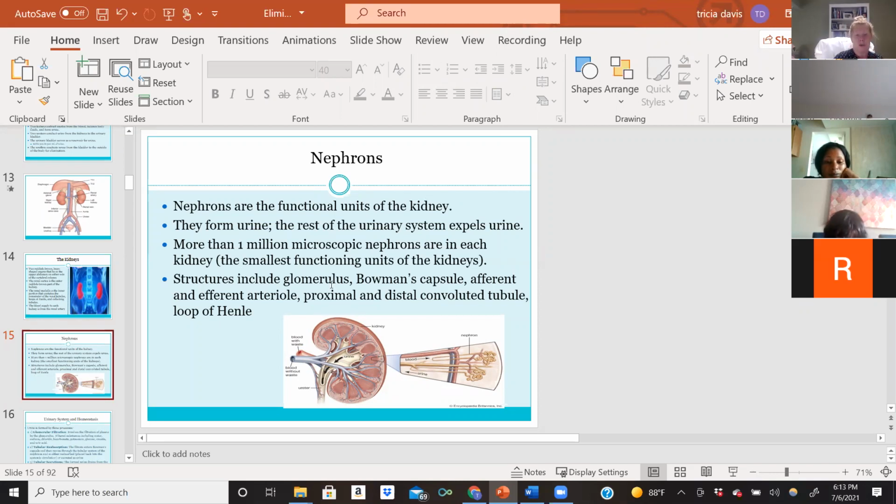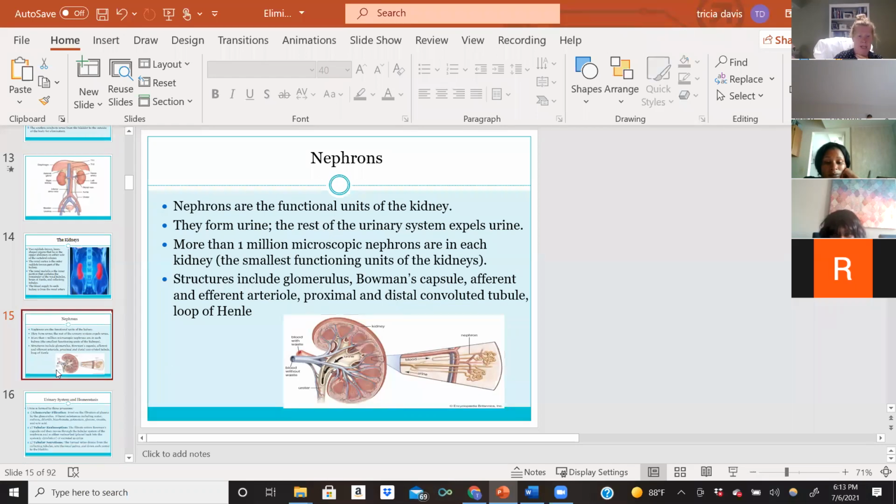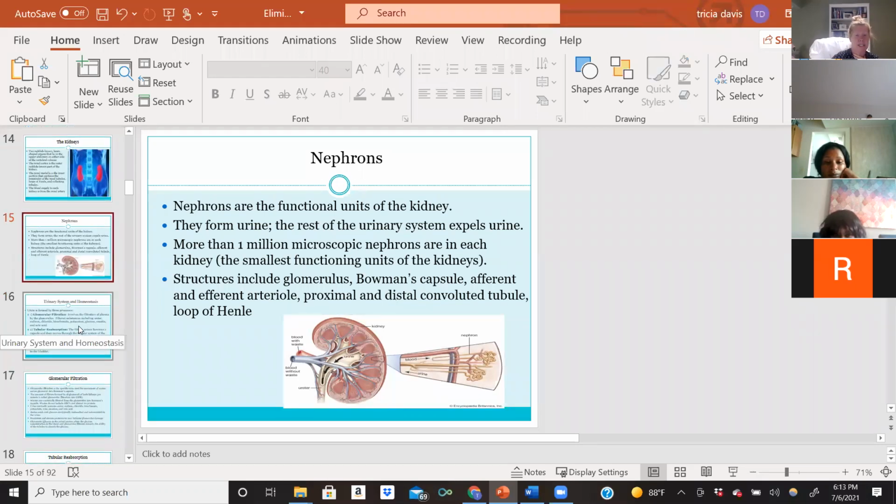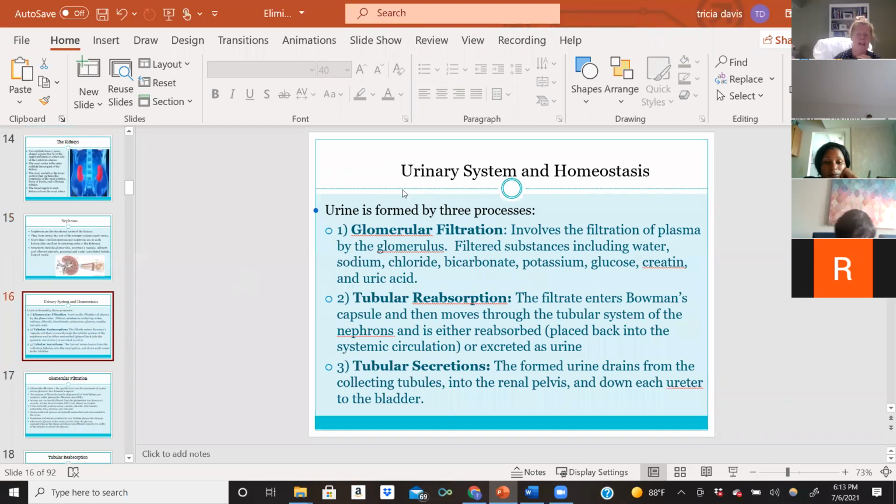These structures include the glomerulus, the Bowman's capsule, the afferent and efferent arteriole, the proximal and the distal convoluted tubule, and the loop of Henle. So in each one of these little areas, something particular happens. They each have a job to do during the process of eliminating waste from the body. And it's in much more detail in your book, so you guys can read about that.